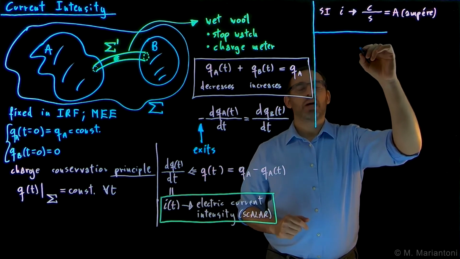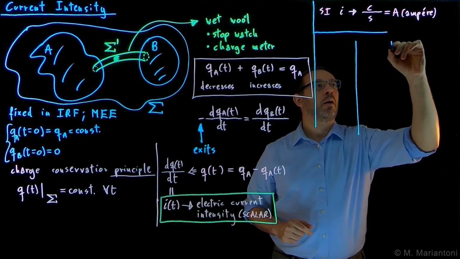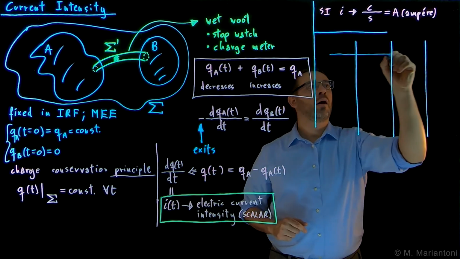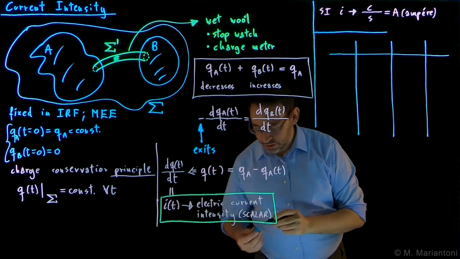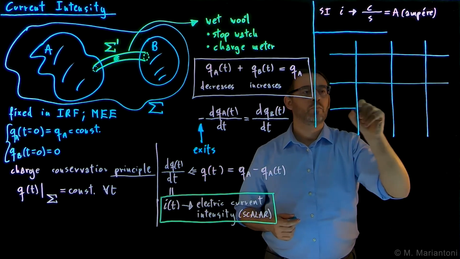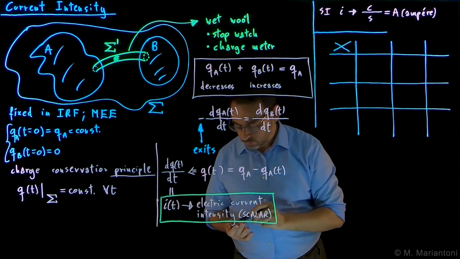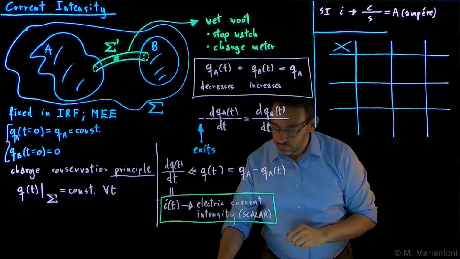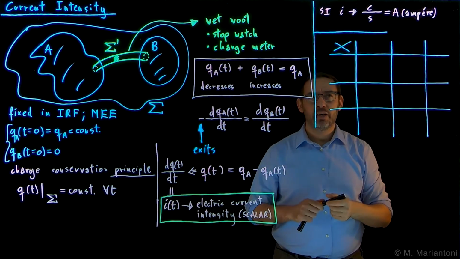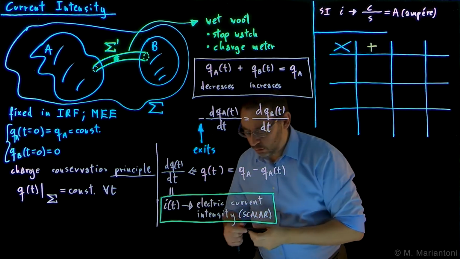In this table, we're going to have all these possible scenarios. For example, we can assume that the carriers across this wire are positive charges, or they could be negative charges.